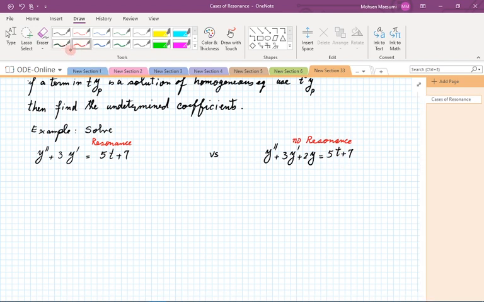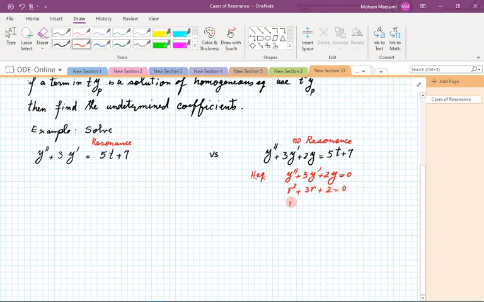Our approach was to first consider the homogeneous equation. For the homogeneous equation, you just strip the right hand side, the forcing term is taken out, so you have y double prime plus 3y prime plus 2y equal to 0. Of course, we go ahead and write the characteristic equation of it.